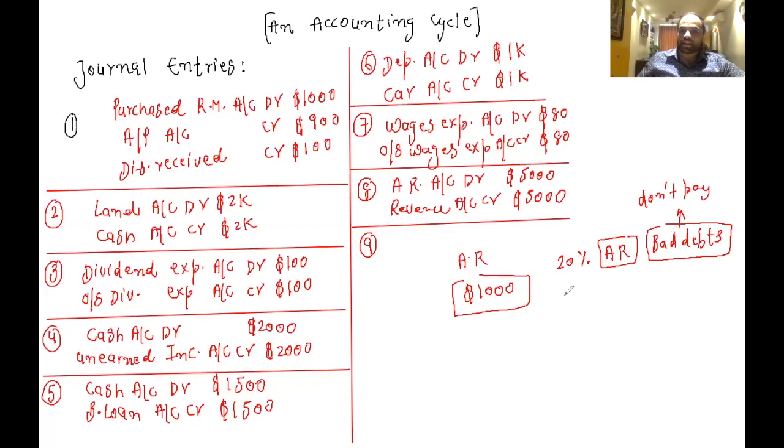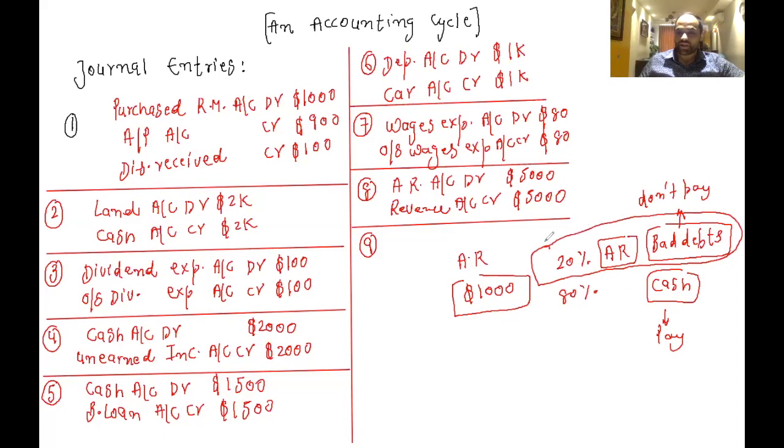So what does it mean? 80% pay. You are giving me a journal entry only for this information. You are not giving me information about it.